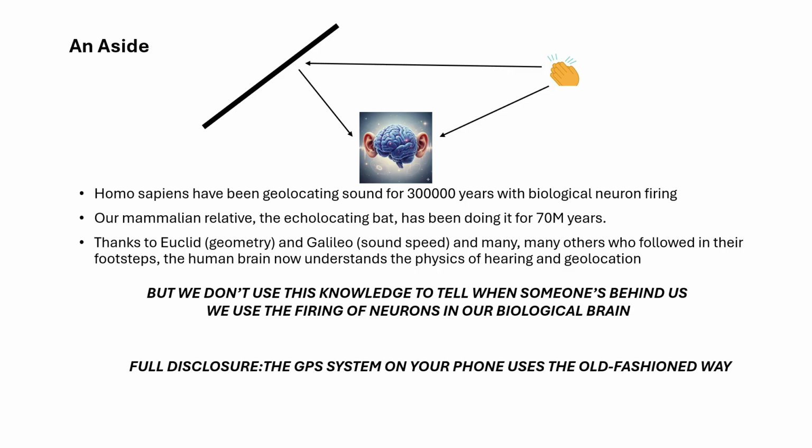So we don't use this knowledge to tell us when someone's behind us. We use the firing of our neurons in our biological brain. We're not using the scientific understanding of sound. We're using the firing of biological neurons in our brain. You know, as full disclosure, the GPS system on your phone actually uses the old-fashioned way of equations relating the 4 GPS satellites to X, Y, and Z on the globe.